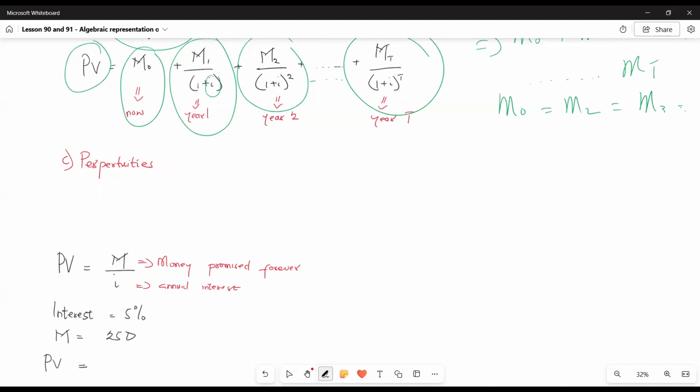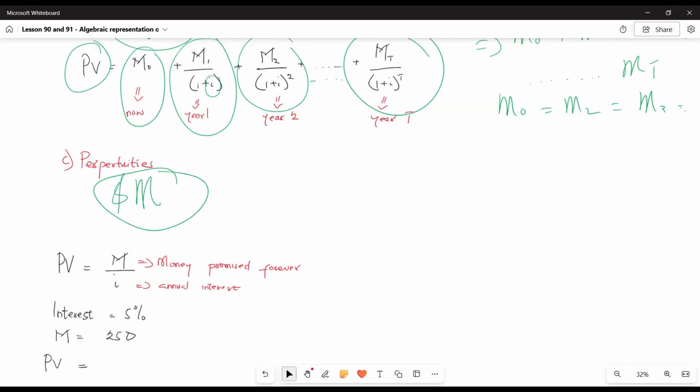If we assume that the perpetuity pays a fixed amount represented as $M annually, to find the present value, we only need to determine how much money would have been invested now at an annual interest rate of I% to obtain this $M each year.